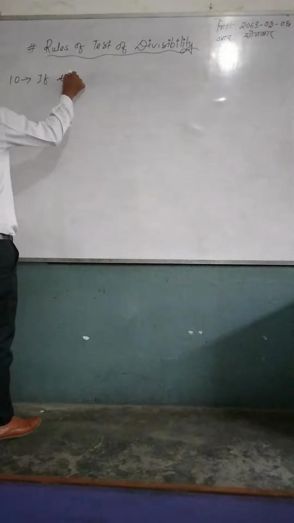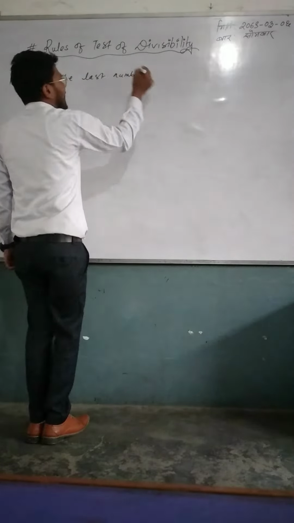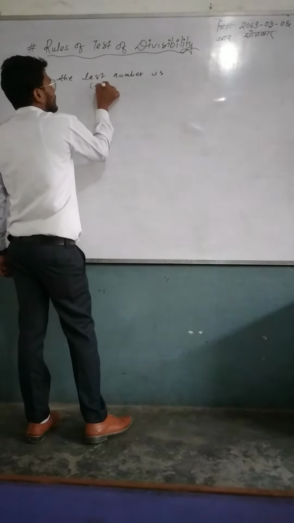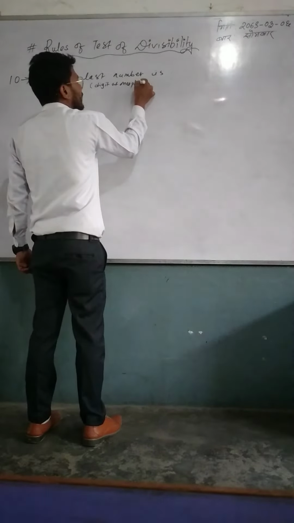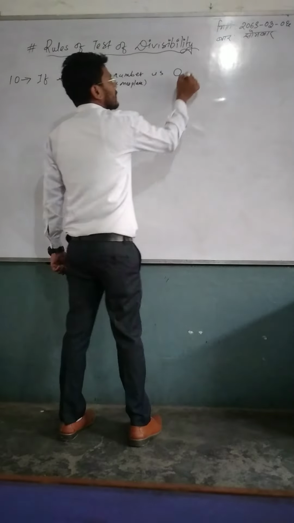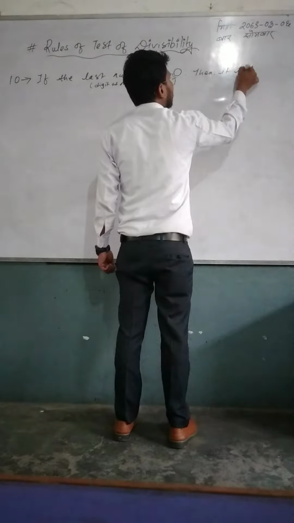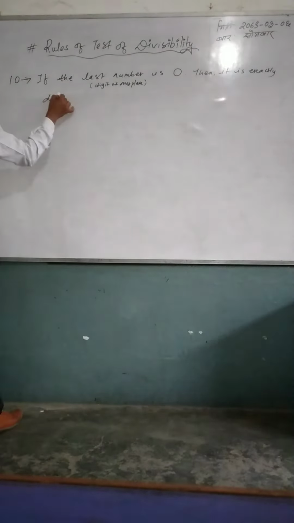If the last number is 0, now last number means the digit at the one's place. You all know about that, yes? Yes, sir. Because already we have learned about the place names of the given numerals. If the last number is 0, then it is exactly divisible by 10.